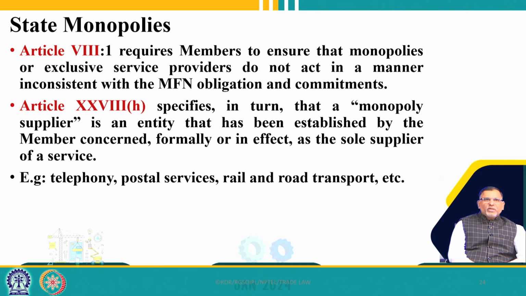So, Article 28(h) talks about the monopoly supplier. A monopoly supplier is created by a particular member, and it should be the sole supplier of a particular service. For example, most of the state enterprises, the BSNL telephone company, postal services, rail, road transport, etc., can become a monopoly supplier in this category.